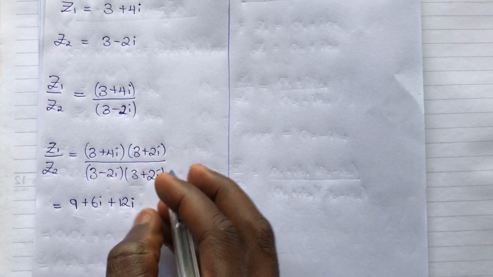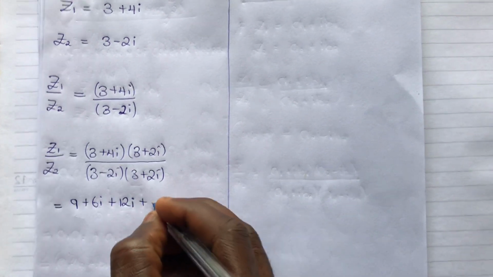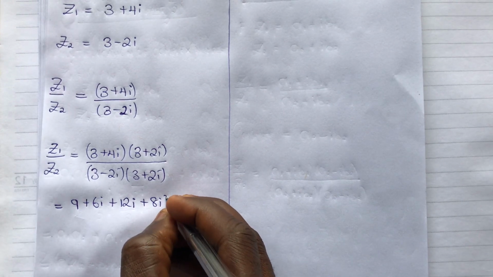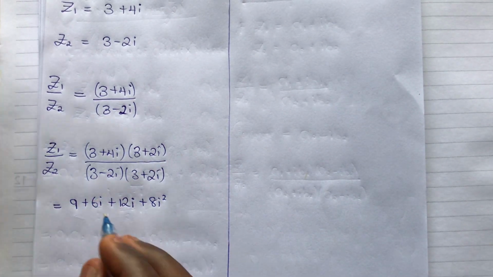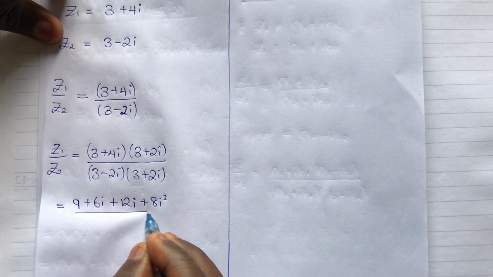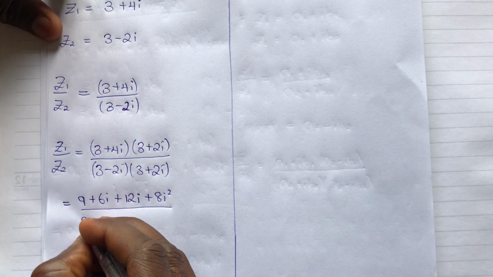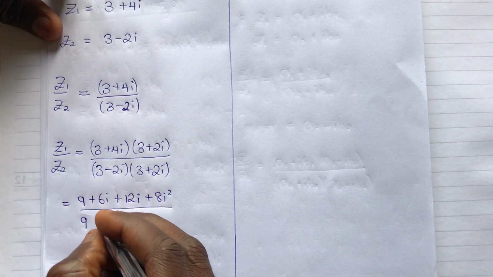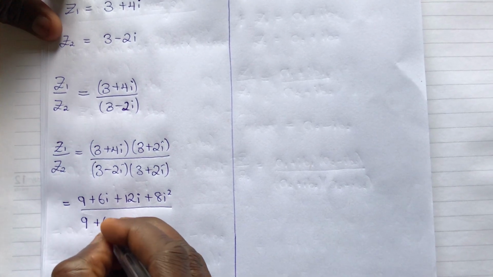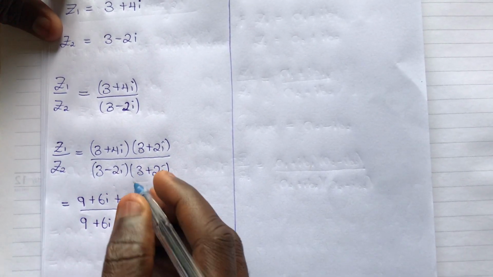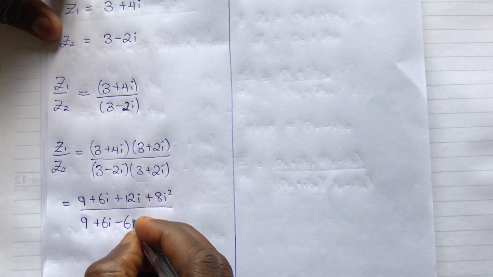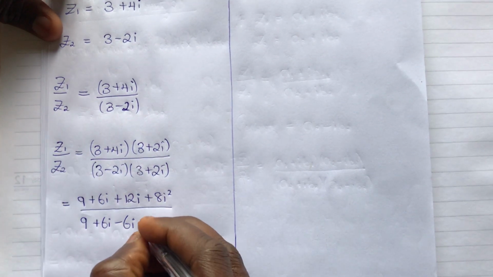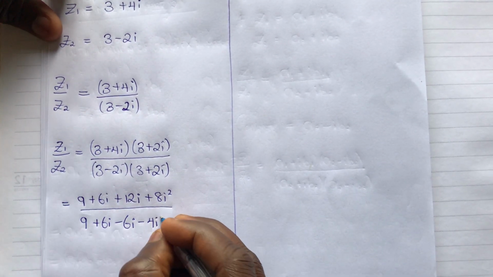Then 4 times 2 is giving us plus 8i squared. And we divide this result by 3 times 3, giving us 9. 3 times 2 is giving us plus 6i. This time this is giving us minus 6i. And this time this is giving us minus 4i squared.